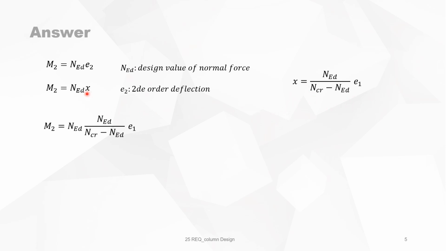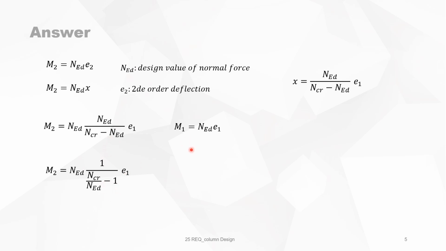We can substitute X into that. And now we can divide this formula by NED in both cases. So you get 1 there and N critical over NED minus 1.